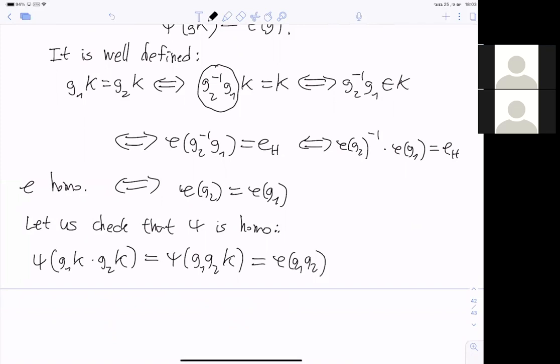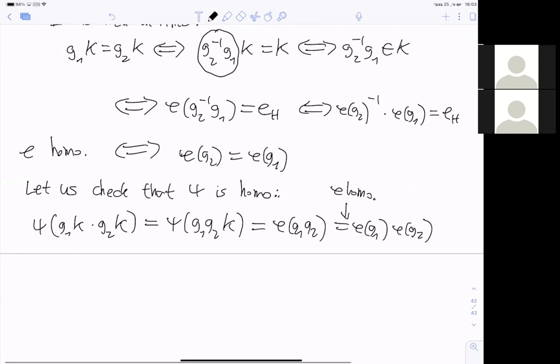This is how we define this homomorphism. And since phi is a homomorphism, this is given, equal to phi of g1 times phi of g2. So psi is also a homomorphism.